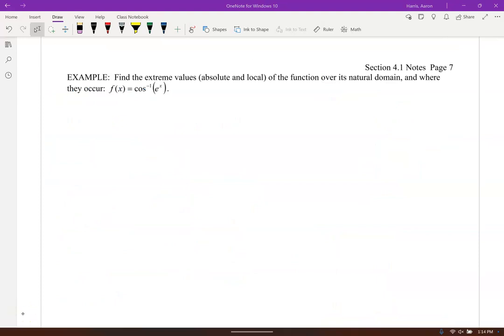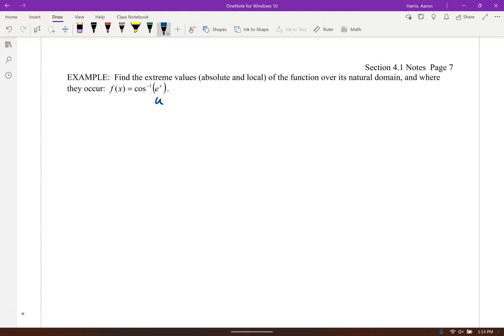All right, let's find our extreme values, absolute and relative, of the function over its domain, where they occur. So let's go ahead and take the derivative here. Notice our u here is e to the x.